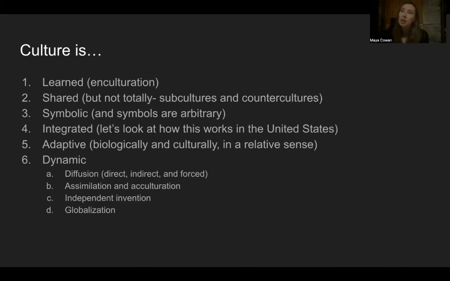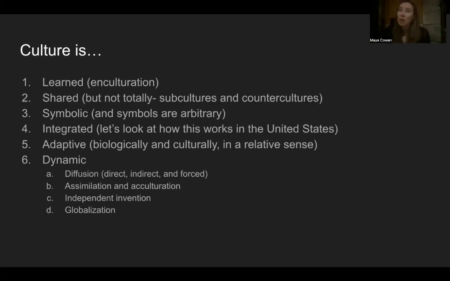What this means is that as little babies, we are not born into any particular culture. I mean, our parents might be of a particular culture, but how we learn culture is called enculturation. It's basically the process of growing up, right? Through growing up, we learn culture, and we learn it from whatever culture is being practiced around us.